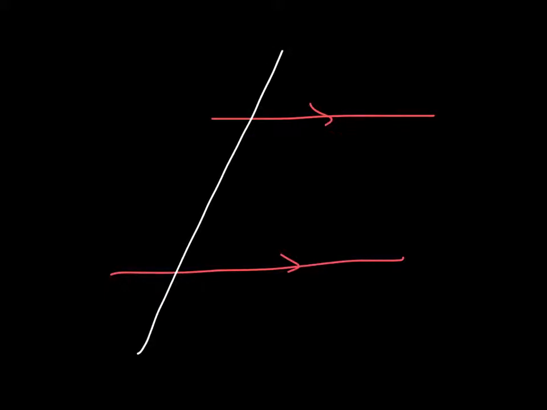Next one we're going to be looking at is if we have two parallel lines. These lines are parallel. And we have an intersecting line. So for example, we're going to have this one here. Then these two angles right here, let's call it A and B, are what we call corresponding angles.